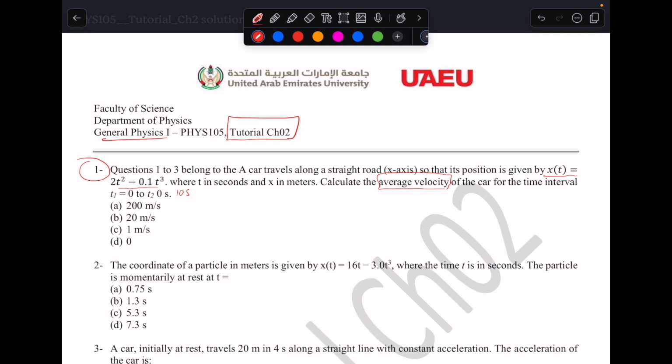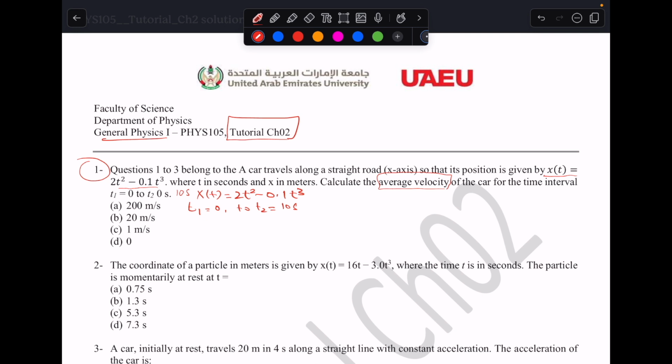Okay, so we wanted to calculate the average velocity. So we have x of t as a function of time, which is 2t squared minus 0.1 t cube. We wanted to find the average velocity between time interval t1 equals 0 to time t2 equals 10 seconds.